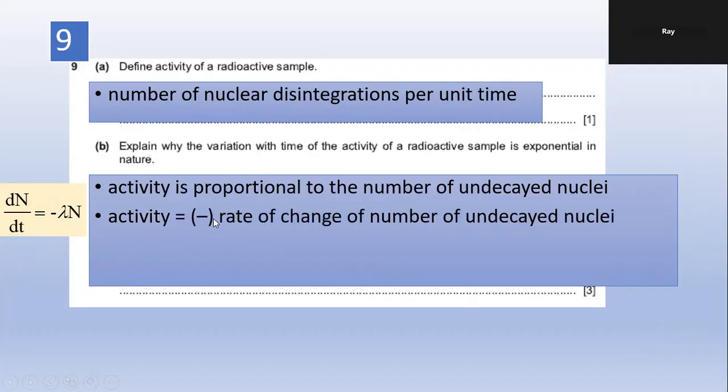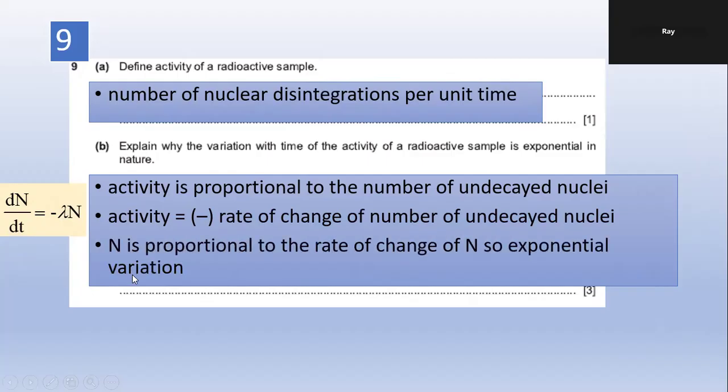Activity equals the negative rate of change of the number of undecayed nuclei, and this equals lambda N. N is proportional to the rate of change of N, so it is exponential in nature.